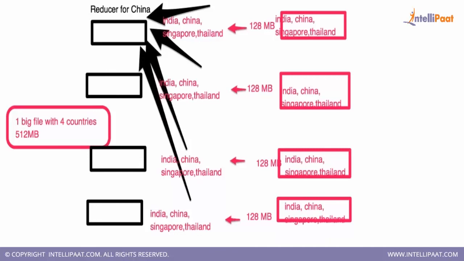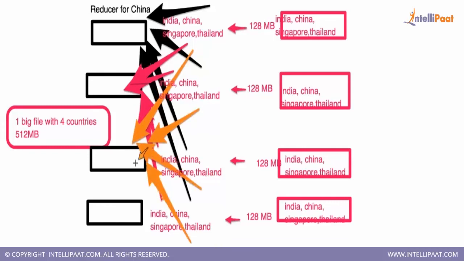Subsequently, the same will happen for the others. All the Singapore will go here, Singapore will go here, Singapore will go here, Singapore will go here, and all the Thailand will go here, Thailand will go here, Thailand will go here, Thailand will go here.